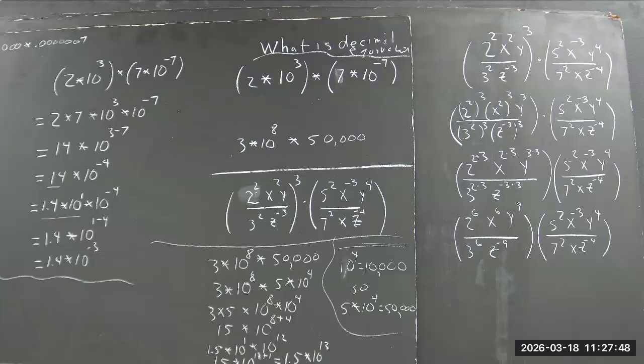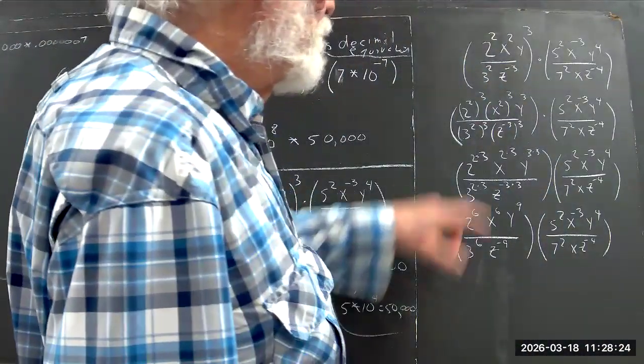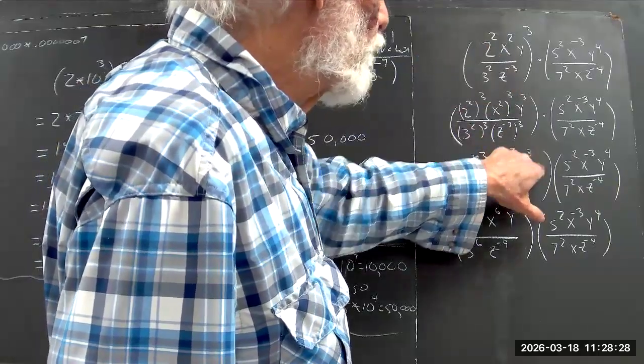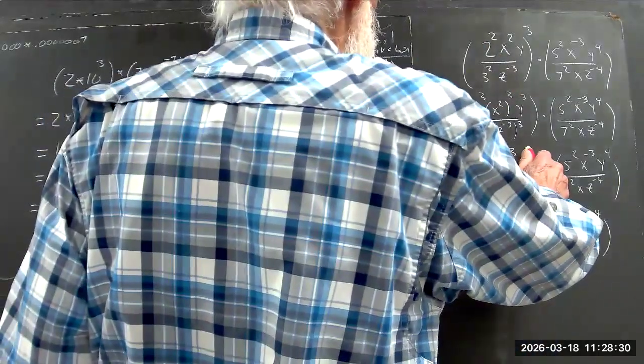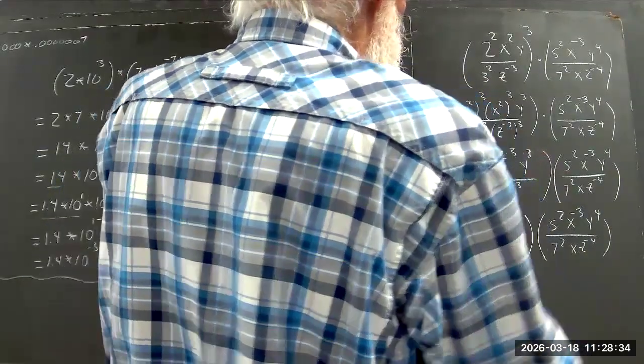Somebody's got a question, which usually means that I did something bonehead. Okay, I fell into a pattern, multiplying everything by 3. This is only y to the third. It's not y to the third raised to the third. So this should just be a y to the third.